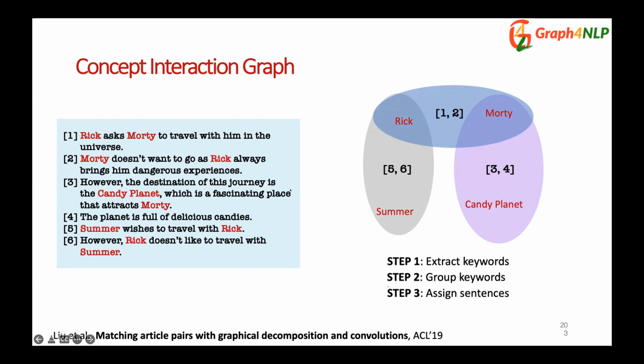Then we assign different sentences to different keyword clusters by similarity, so each cluster has a list of sentence IDs. If you have 2 documents, you will have 2 lists of sentence IDs from document A and document B. Then you can connect the different keyword clusters by similarity, based on the sentences associated with different keyword communities. This is what we call the concept interaction graph, because we have different keyword concepts and they have interaction edges based on their sentence similarity.